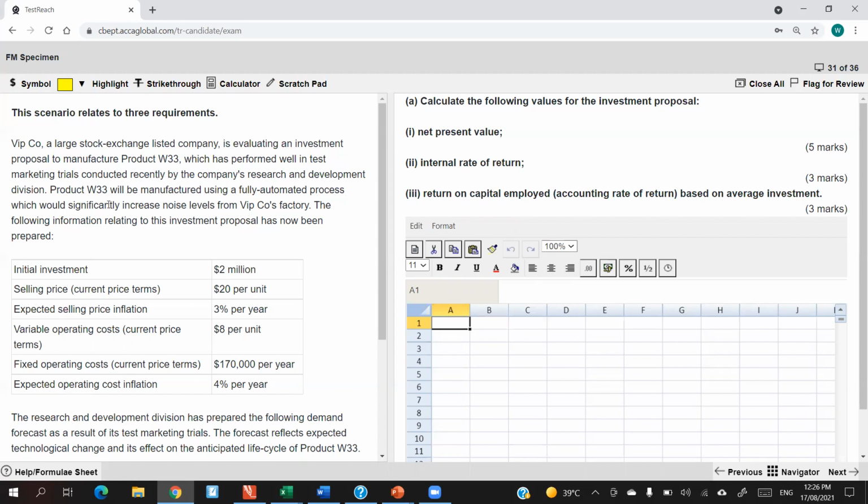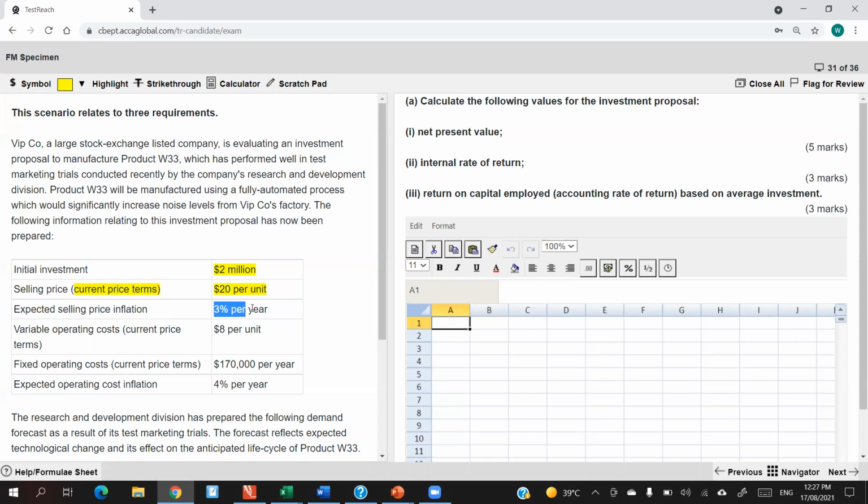The following information relating to this investment proposal has now been prepared. So we have the initial investment, which is $2 million. This initial investment is obviously the capex, which would be deducted at T0. We have the selling price, but that selling price is in current price terms, which means that we may need to inflate it, and this is per unit.